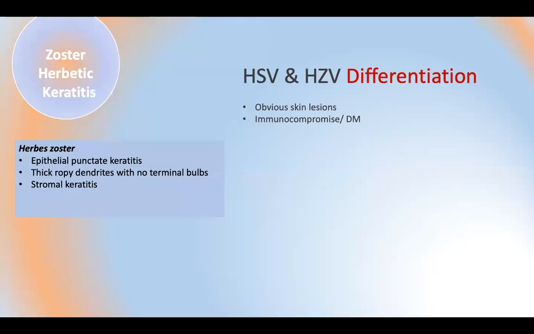Herpes zoster can also cause this, but it has some characteristic features: the typical skin lesion of the dermatome lesions of the face, and also severe pain. Usually the patient has a history from before, and they're usually immunocompromised. What are the characteristics? Epithelial punctate keratitis, thick ruby dendrites with no terminal bulbs, or stromal keratitis.